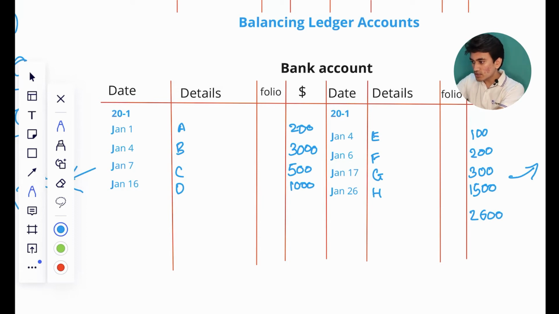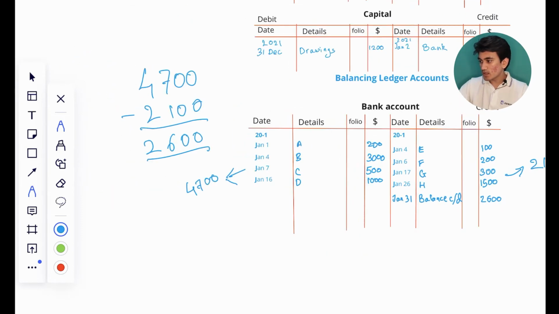So we will write over here January 31st, and I'll write over here balance carried down, balance CD, which will be 2600. Now if you add up the two sides, the debit side and the credit side, they'll both add up to the same value of 4700.